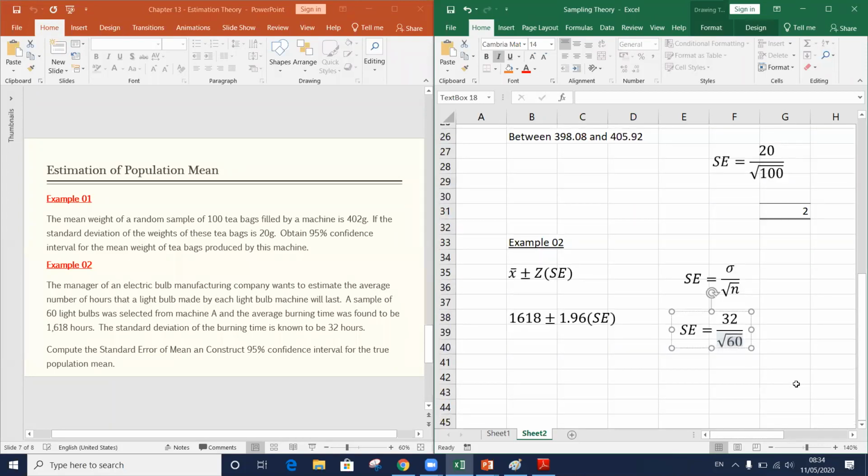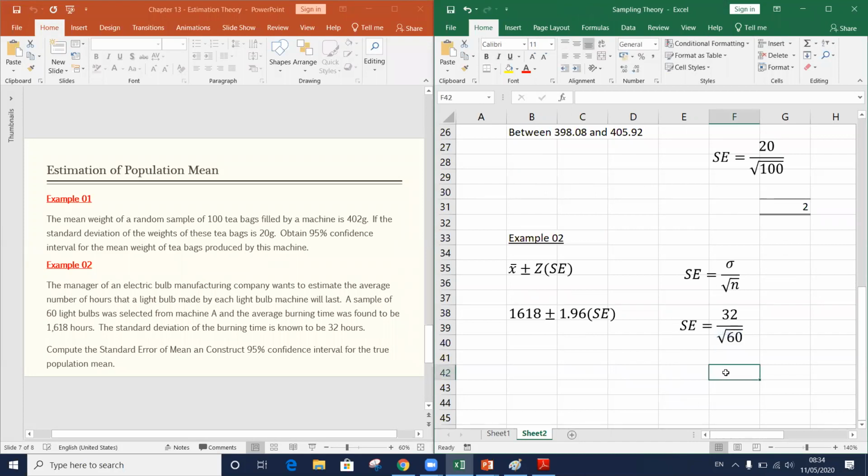So what should be the standard error of mean here? 32 divided by square root of 60 is 4.1312. This is the standard error of mean. Right? We can directly substitute that standard error of mean value here, 4.1312.